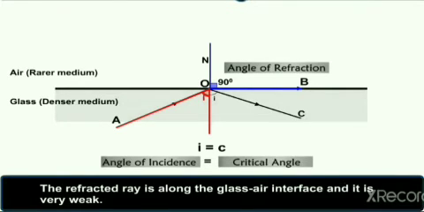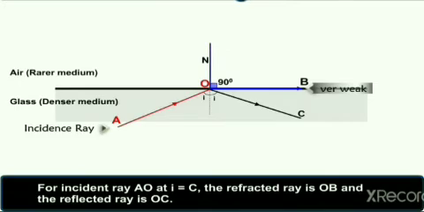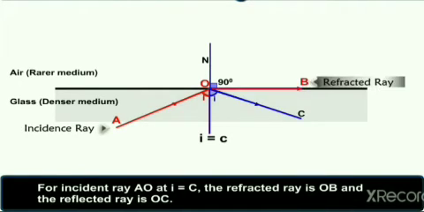The refracted ray is along the glass-air interface and it is very weak. In figure, for incident ray AO at i is equal to C, the refracted ray is OB and the reflected ray is OC.